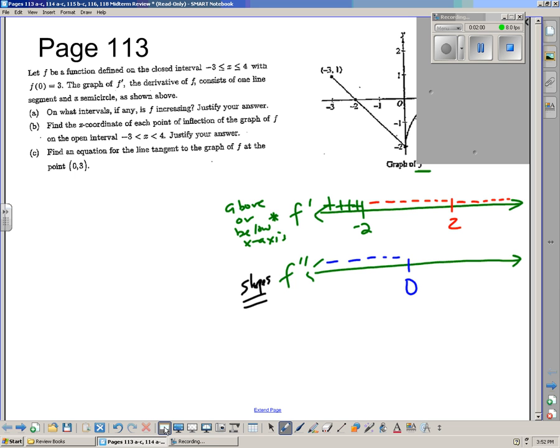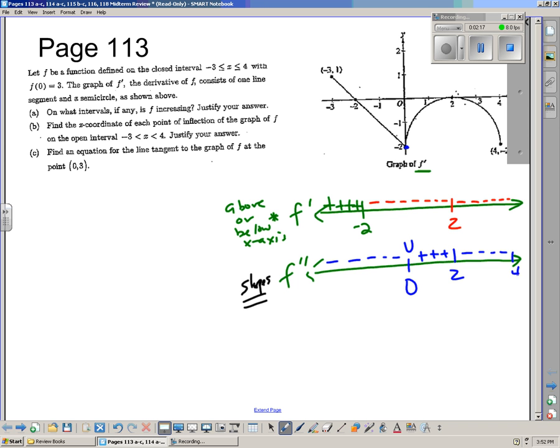The slope does not exist at 0, so I'm going to put a little u for undefined. But then the slope changes to positive until we get to 2. And then the slope is negative till we get to 4. And here we are. So here is our f prime and f double prime number line. And now the questions are not so bad.